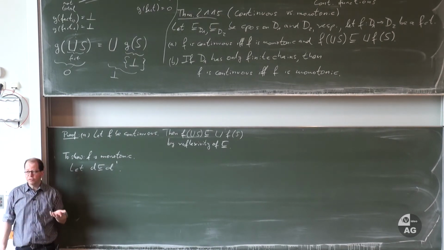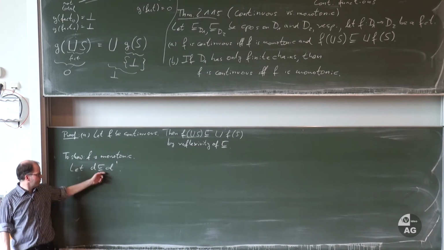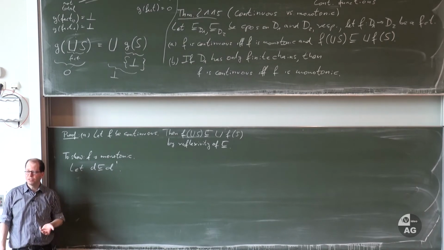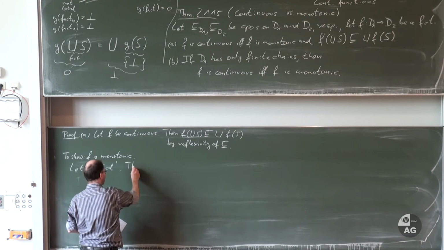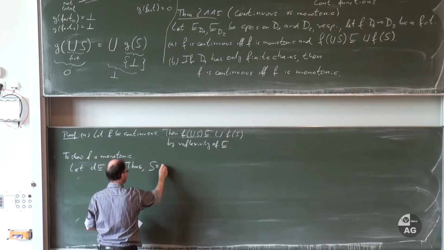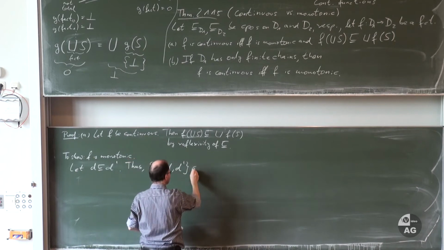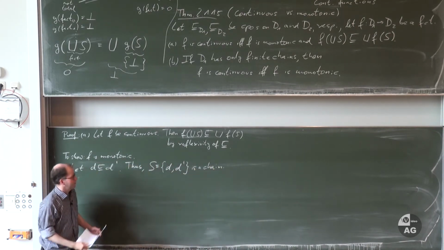Now continuity only says something about chains. So how can I get a chain from these two elements? Let's just put them together into a small set with two elements, and then this is a chain. So let's just look at the set S consisting of d and d prime, and this is a chain. It's a very small chain, but it's still a chain.